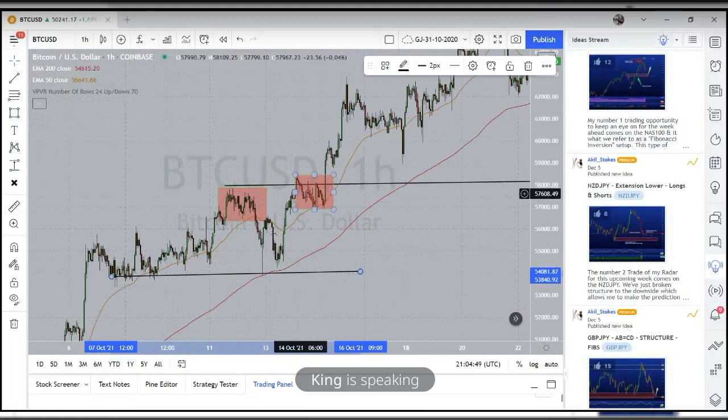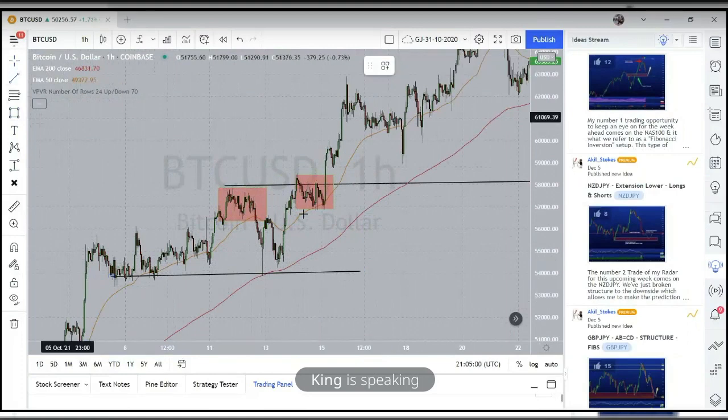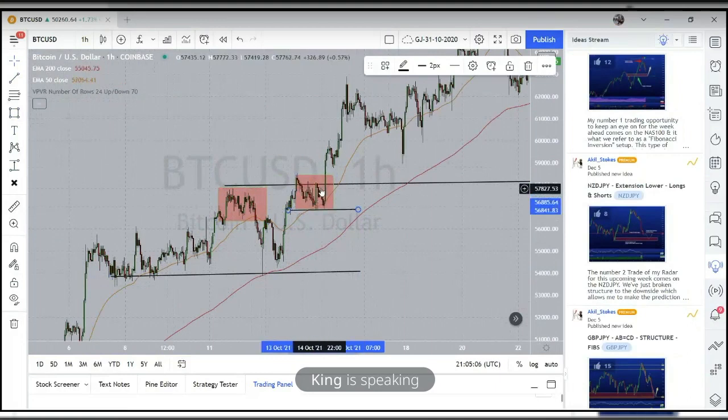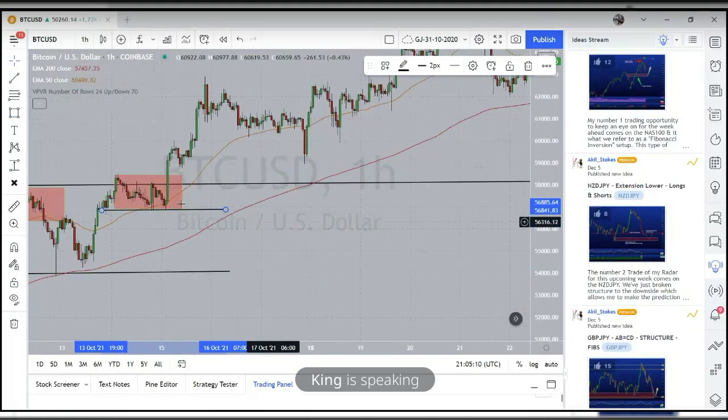So then we've got the continuation one here. So we've got the high being broken, then we've got this low being held, price pumps up from there. You want to either get in on the return to that level or break back above these highs.